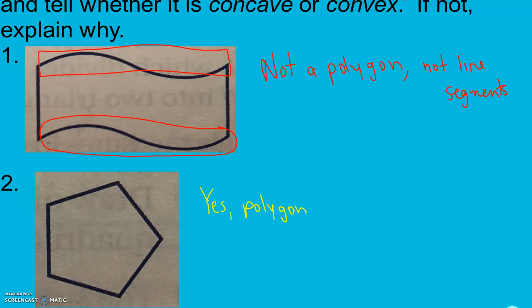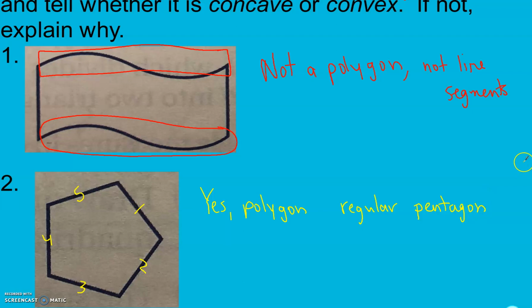Now we need to classify it. Count up our sides. We have 1, 2, 3, 4, 5, which we call a pentagon, and all are the same length, and all the angles are the same. So we say it's a regular pentagon. 5 sides means pentagon.